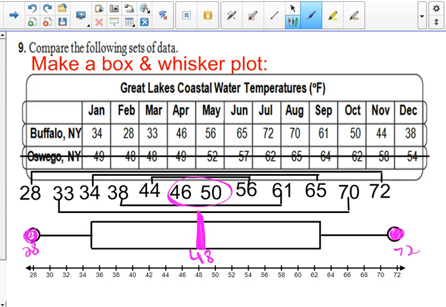Let me see. 46 plus 50 is going to be 96 divided by 2, which is going to be 48. Did you add 46 plus 50 divided by 2 and it gave you 47.5? Our calculators probably did this.